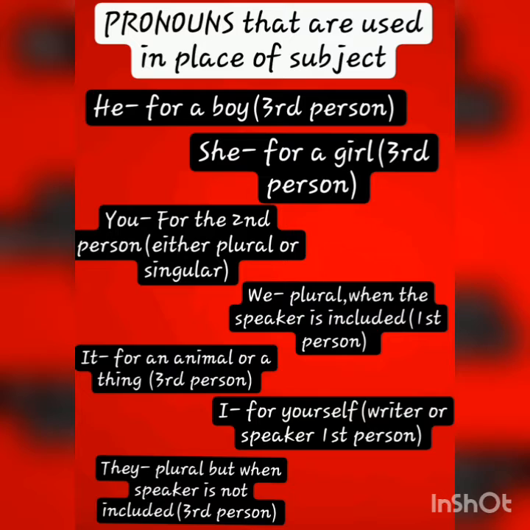It means it is always used for the first person. They. They is a plural pronoun and it is used for the third person. When the third person is more than one, or in a plural form, then you can use they.